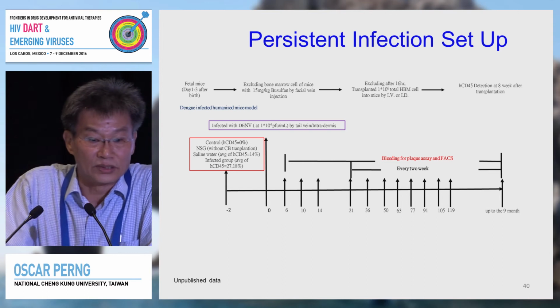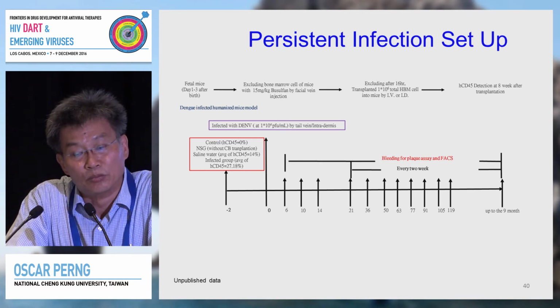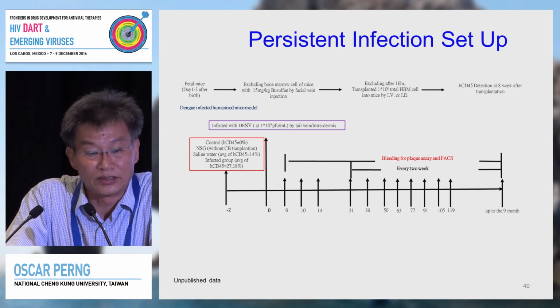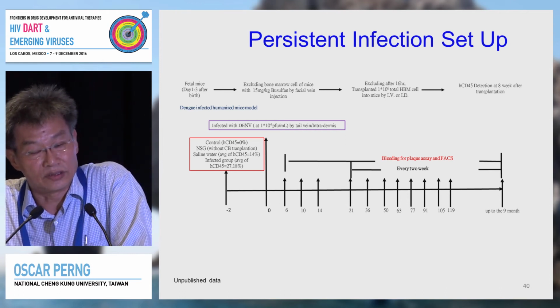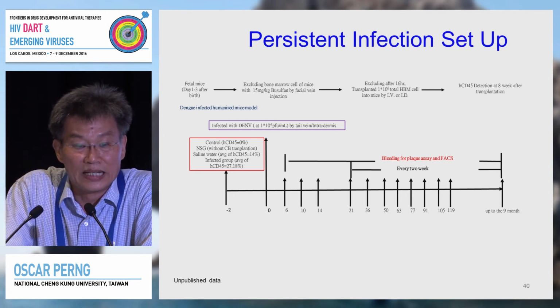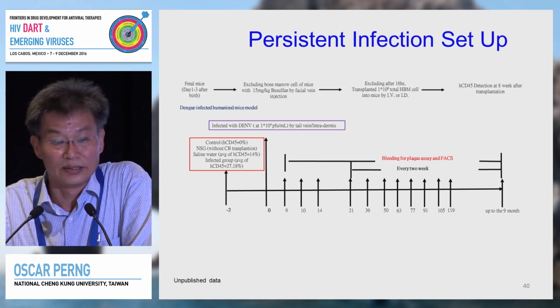So we use humanized mice, and we do it in different ways: we use fresh bone marrow to do the transplantation. Everything is complicated and difficult, but it's manageable. And we use a low viral infection, 1 × 10⁴, IV infection.